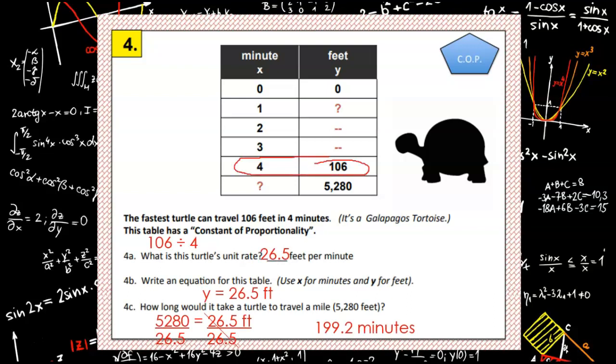The turtle's unit rate is 26.5 feet per minute. So y is equal to 26.5x. That should be x right there, not feet. And then plug that into your equation to solve for 1 mile. And it would take the turtle 199.2 minutes to travel 1 mile.